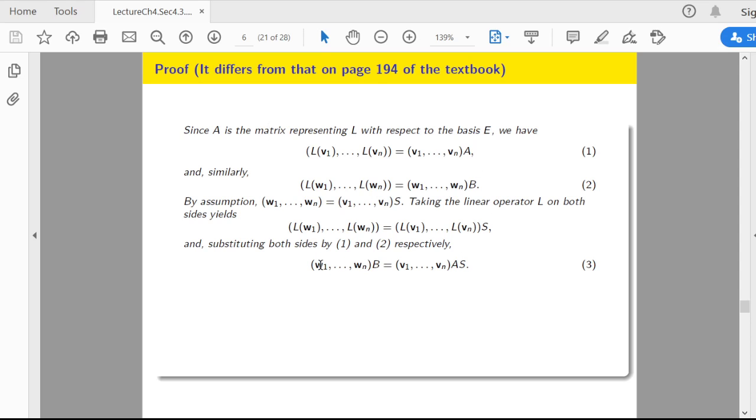Then we get [W1, W2, ..., Wn] times B, that is the left side, equal to this. And then [LV1, LV2, ..., LVn] we replace by the right side of equation 1, so that's [V1, V2, ..., Vn] times A. That's the first part. And then we have the S at the end. So in this way, we get equation 3.